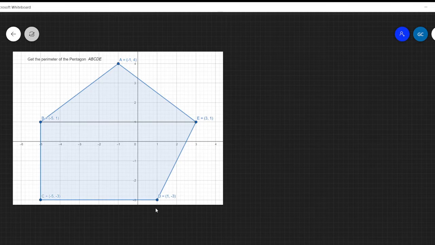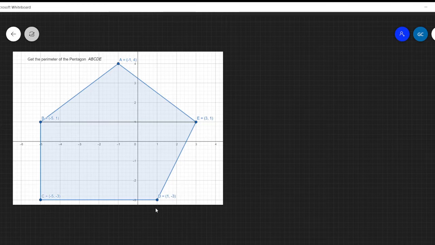We have here a pentagon A, B, C, D, E, wherein we are asked to get the perimeter of pentagon ABCDE. As you may have noticed, our pentagon has ordered pairs as its vertices.